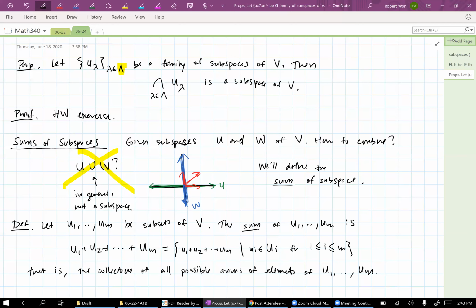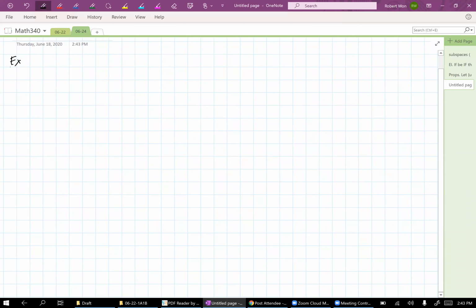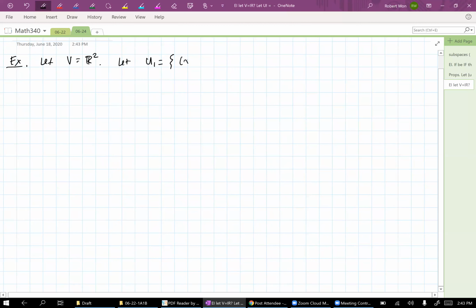Okay, so I guess I owe you an example here. So let's let V be R2, just for concreteness. Let's let U1 be the x-axis. Let's continue the example from before. So this is all vectors of the form (x, 0) for x a real number, and let U2 be the y-axis. Okay, as we said before, the union is not a subspace.